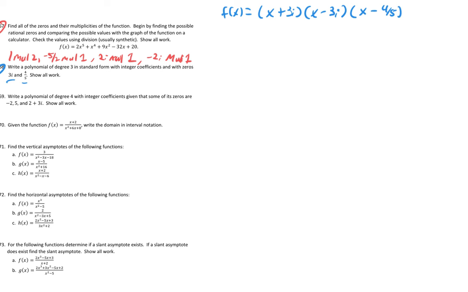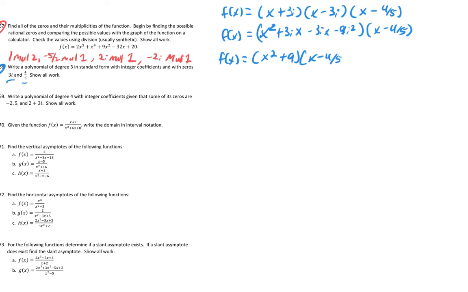We'll do the imaginary parts first. That'll be x squared plus 3ix minus 3ix minus 9i squared, times x minus 4/5. f of x is equal to, once we simplify, x squared plus 9 times x minus 4/5.